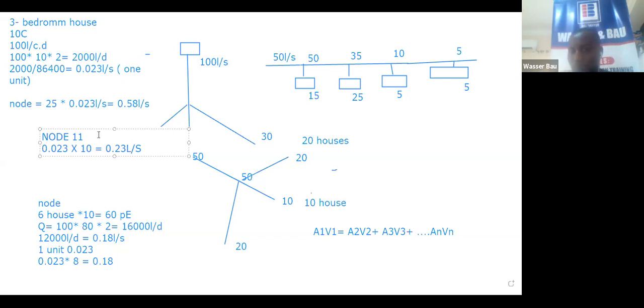That will be the value for node 11, because node 11 does not have any house downstream. That's an end node. So node 11 is now 0.23, and the reason is that it has only 10 houses.